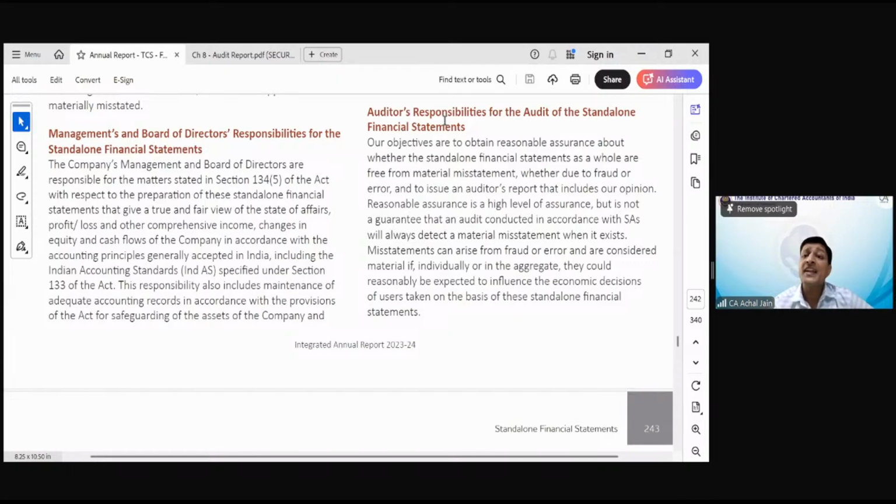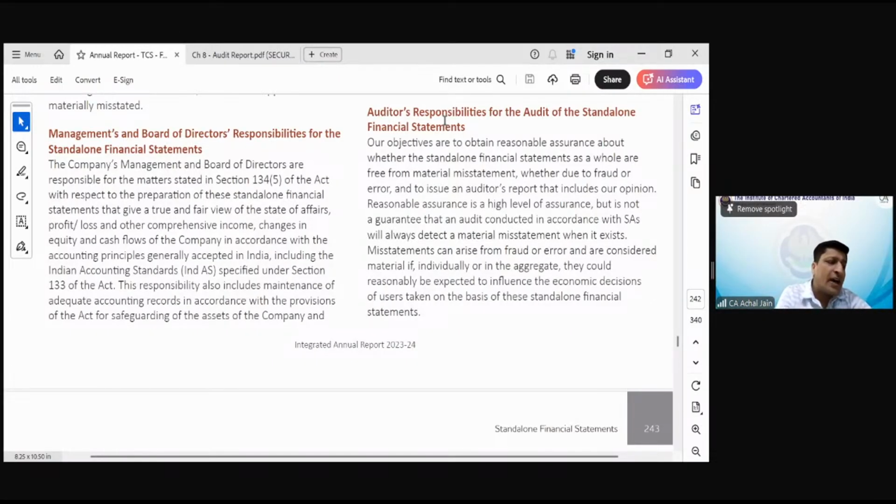But what was he supposed to do? What was his objective? What was his role and responsibility? Now he is explaining those pointers also. This is again laid out in a detailed manner, so let's understand.